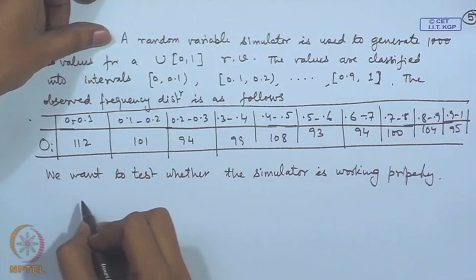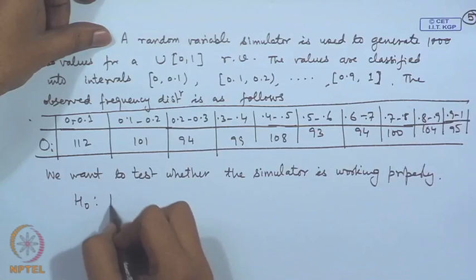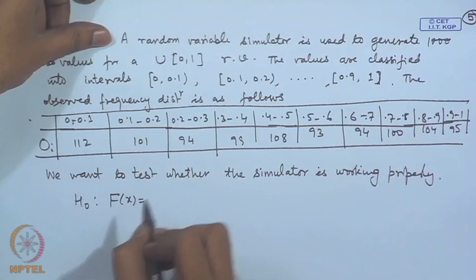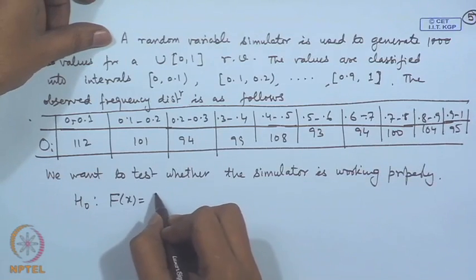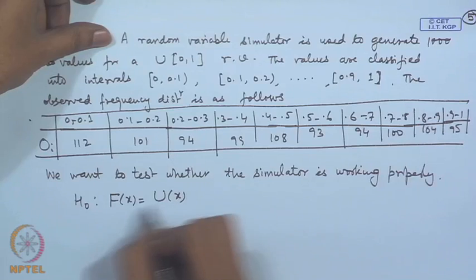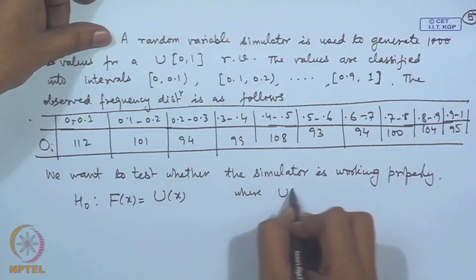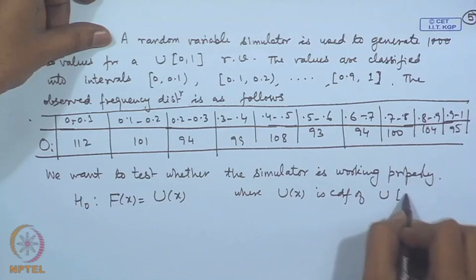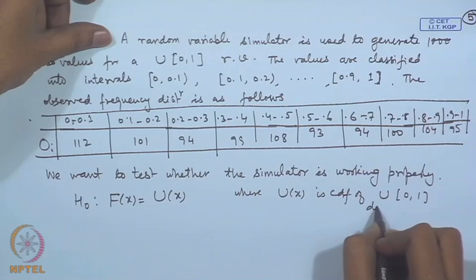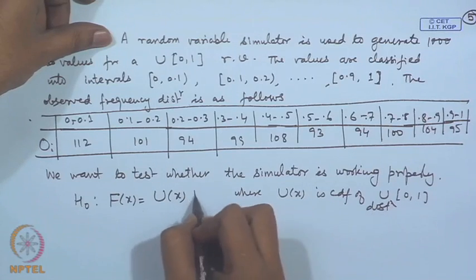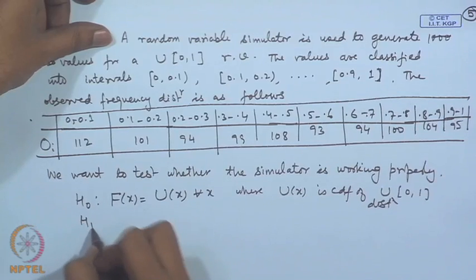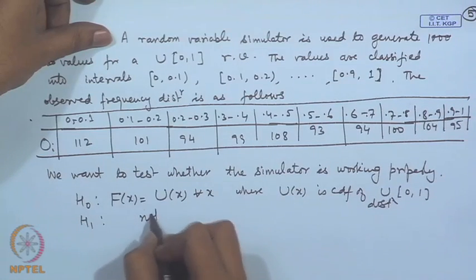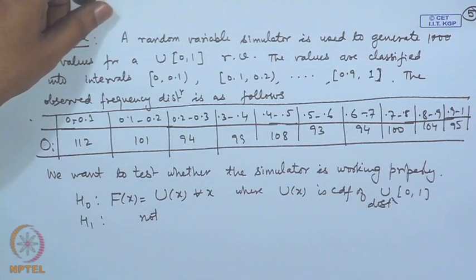That means we want to test the hypothesis whether F x is equal to U x, where U x is the CDF of uniform 0 1 distribution, against the hypothesis that F x is not U x.